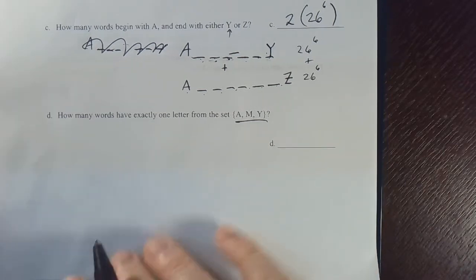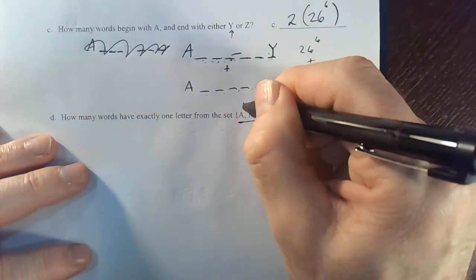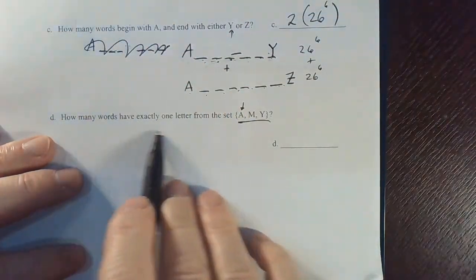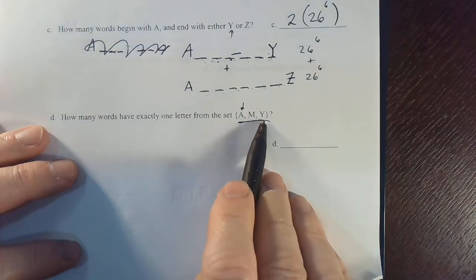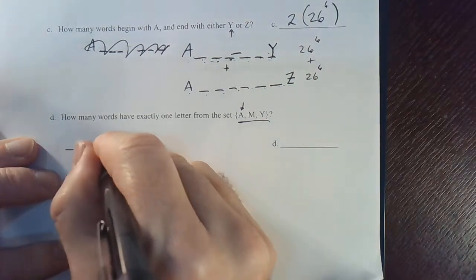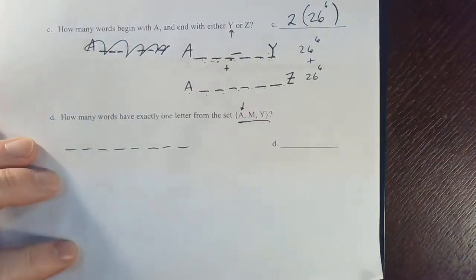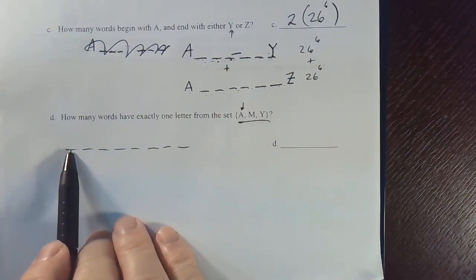That's quite simple. Let's take a look at how many words have exactly one letter from the set A. That means it has an A, at least one A, but none of these. All right, so we've got 1, 2, 3, 4, 5, 6, 7, 8. How many choices do we have for this letter?